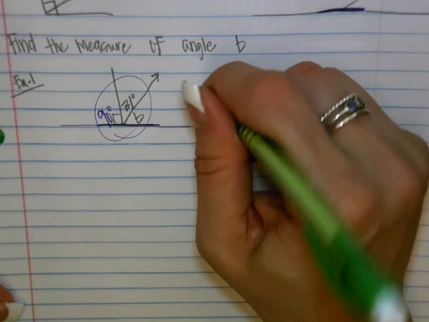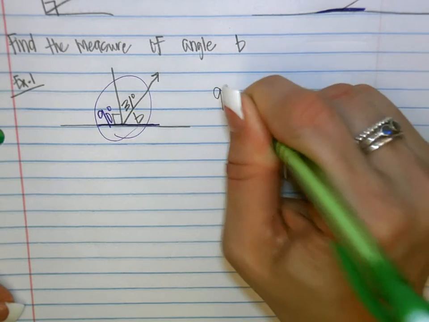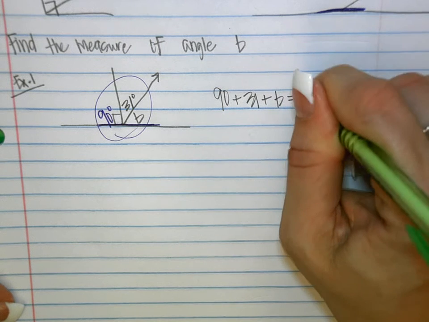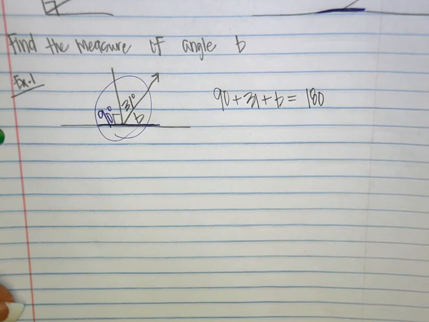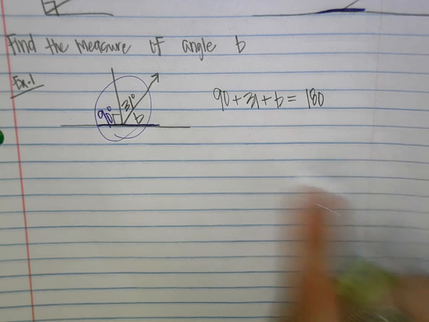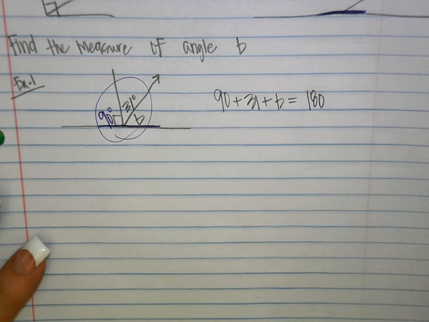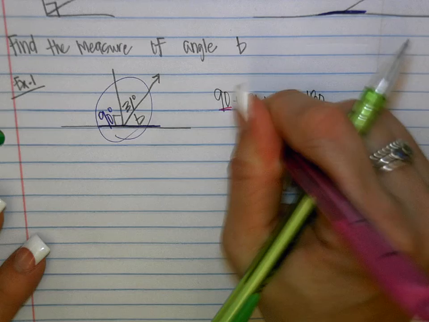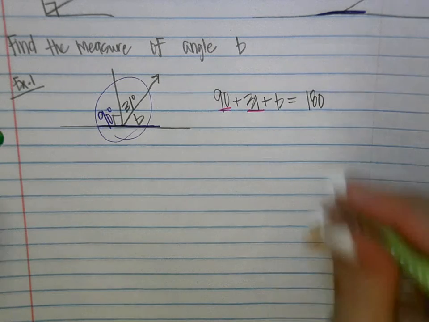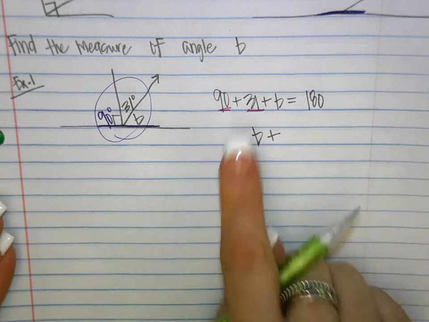So 90 degrees plus 31 degrees plus B is equal to 180. And now we just have another equation just like what you've been solving. Okay, you know how to solve these. Combine the like terms, so combine the 90 and the 31. Combine the B, there's nothing else to go with B. So B plus 90 and 31 gives you what?